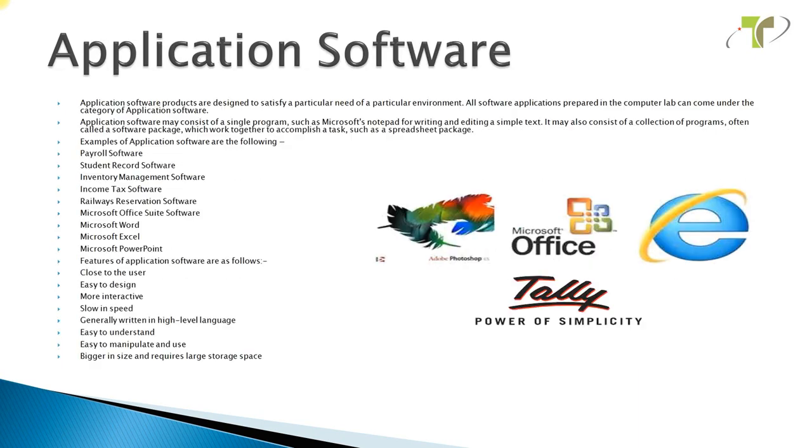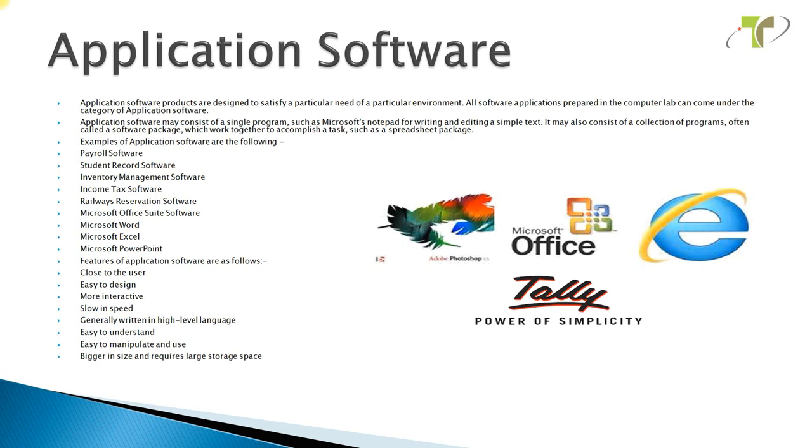Application software. Now what do you mean by application software? Application software products are designed to satisfy particular needs of a particular environment. Application software is designed in such a manner that whatever applications we are doing in our business or job environment, we can design software in a particular computer language.